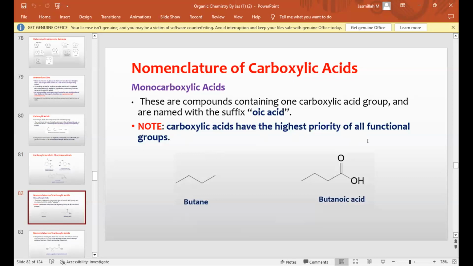In comparison to all of the functional groups that we will come across, carboxylic acids have the highest priority. So even if in a molecule like this we have the COOH and maybe we have NH2 here, we are going to name this compound as a carboxylic acid. We are not going to name it as an amide because carboxylic acids have the highest priority.